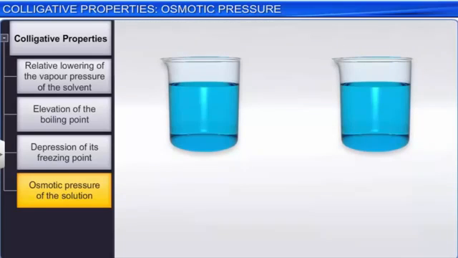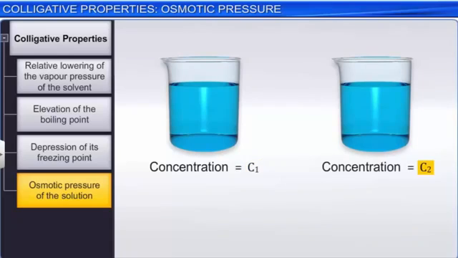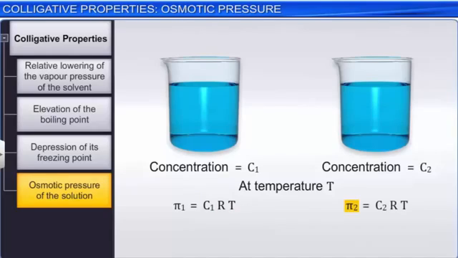Let us consider two solutions with concentrations C1 and C2 at temperature T. Then osmotic pressure for the first solution, Pi1, is equal to C1 multiplied by R multiplied by T, while osmotic pressure for the second solution, Pi2, is equal to C2 multiplied by R multiplied by T. Now, if the solutions have the same concentrations, that is, if C1 is equal to C2, then Pi1 becomes equal to Pi2.